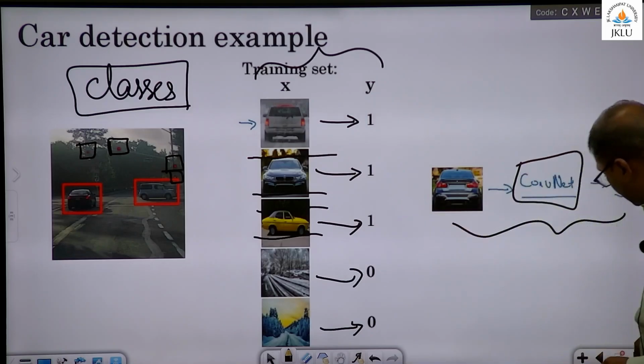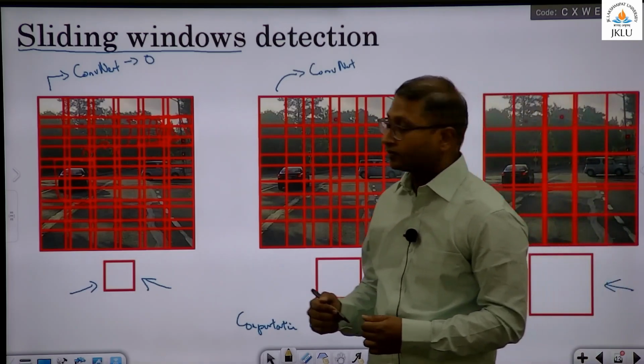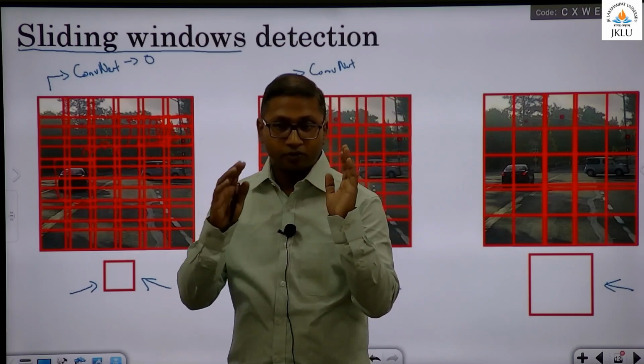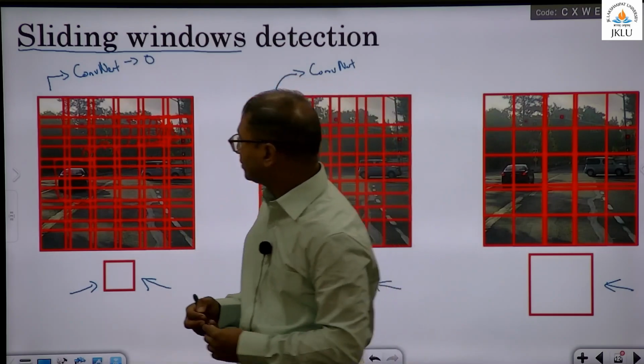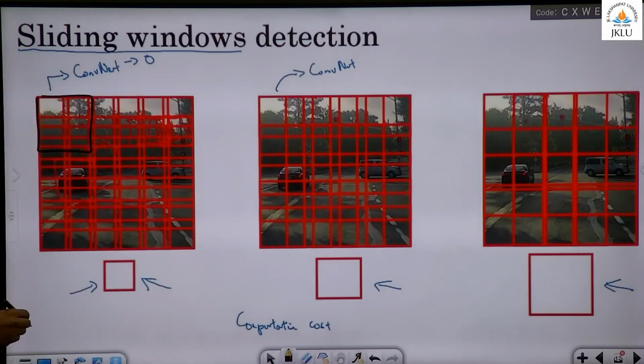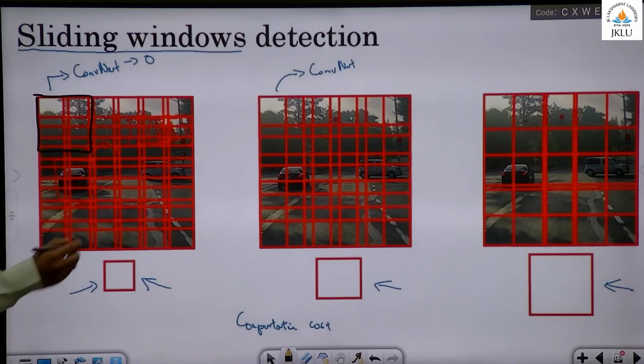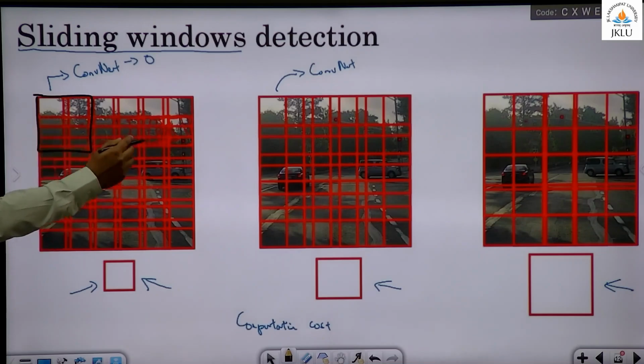So tell me what is happening here. So sliding windows, how does it work? You put your sliding window here. Okay. This you can answer actually. And I am looking for this car. What will I do? Keep sliding this everywhere. Okay.